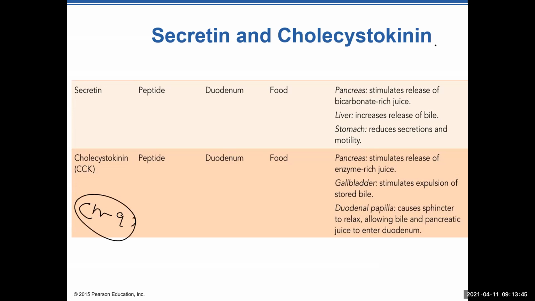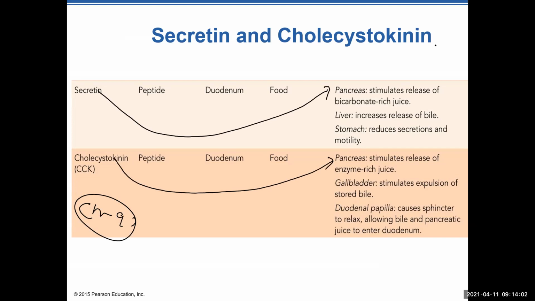Secretin stimulates the pancreas to produce what? Bicarbonate-rich juice. Cholecystokinin, what does it do? It stimulates the pancreas to produce the juice which is rich in enzymes.